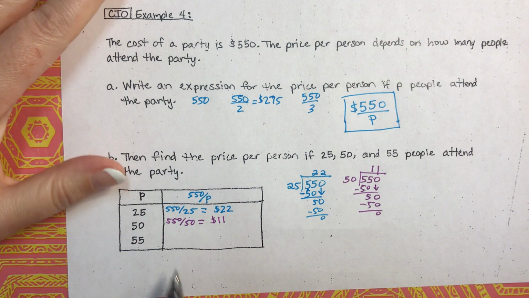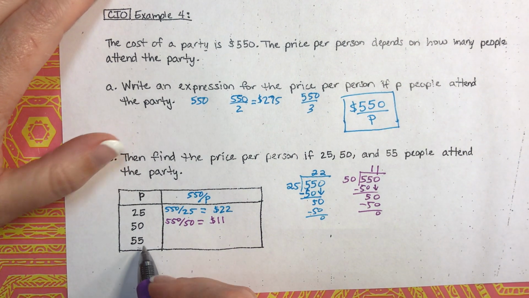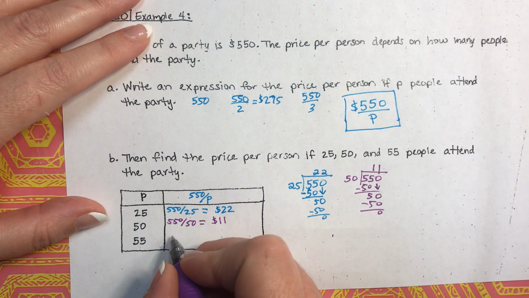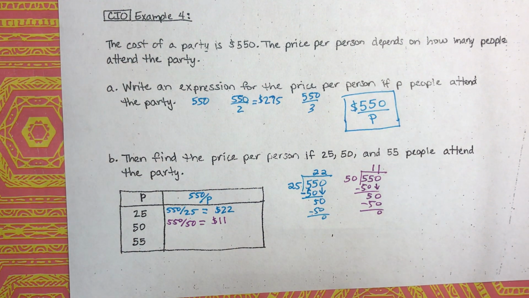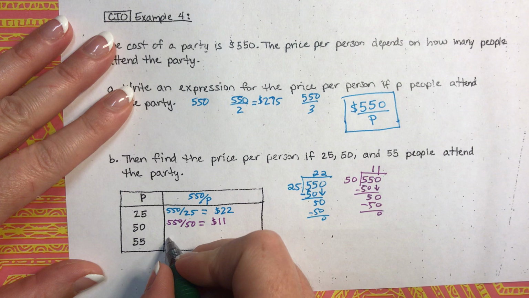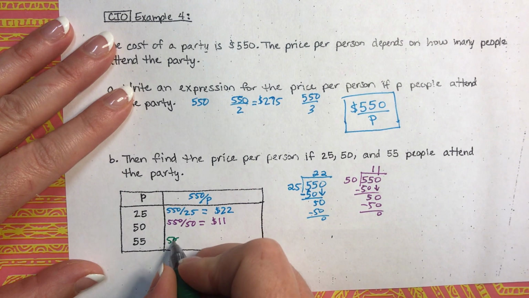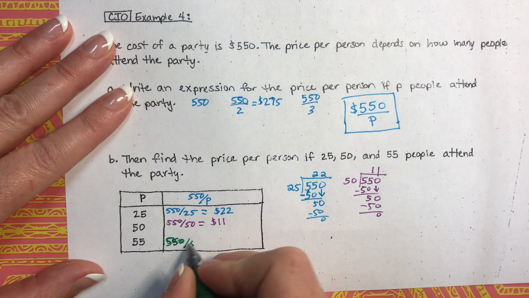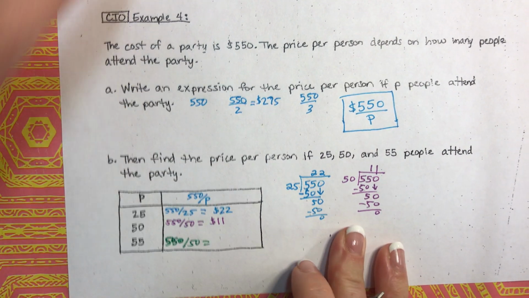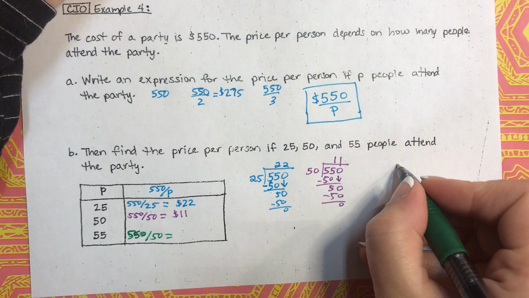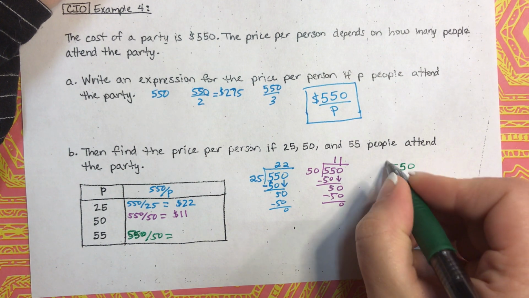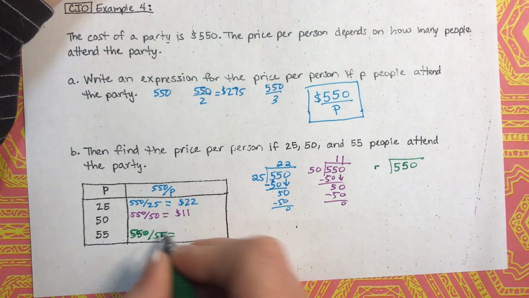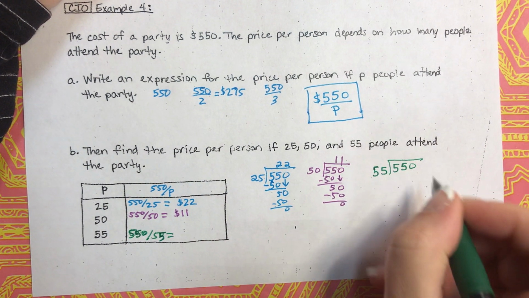All right, so what would the cost be per person if 5 more people attended and it was 55 people? Let's go over here and do the long division. 550 divided by 50. Oh, it's 55. I'm sorry. Divided by 55.